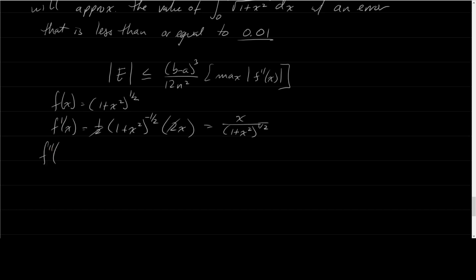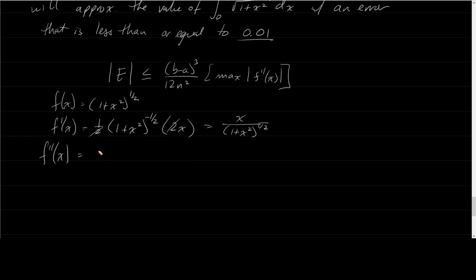And I'm going to use the quotient rule now for this thing. So the derivative of the top, 1, times the derivative of the bottom. So it's going to be 1/2 times (1 plus x squared) to the negative 1/2 times 2x minus, hold on, I messed that up. That's not how the quotient rule works. Let's start again.